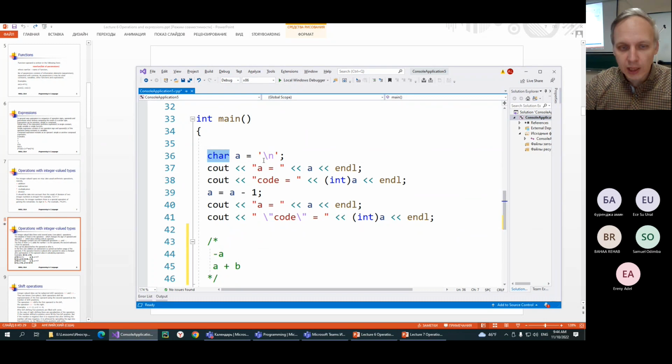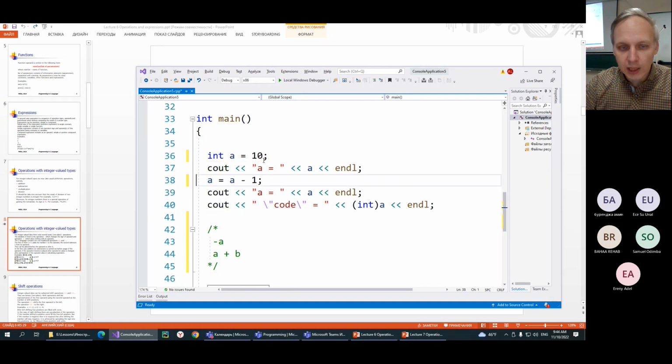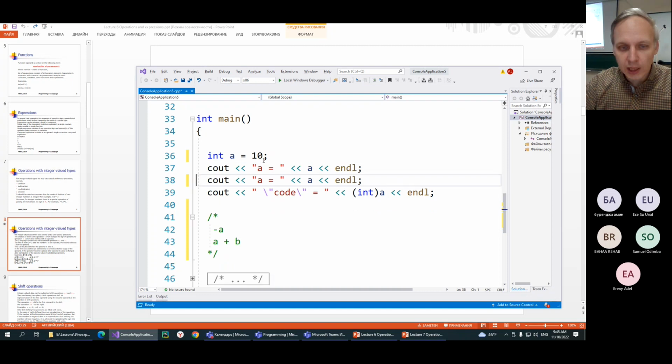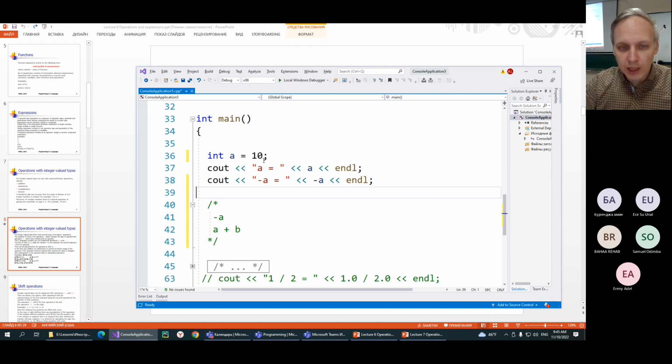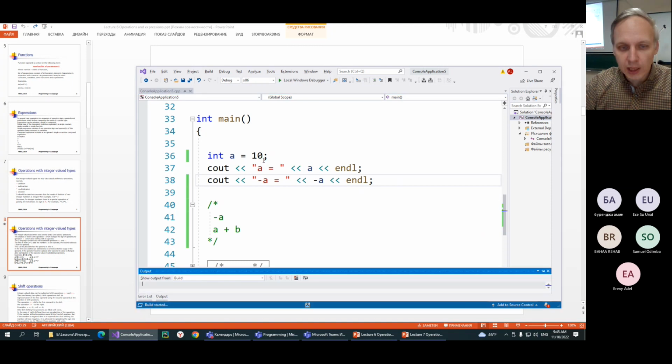Suppose that I declare some integer number A, for example, with value 10. After that, let's output the value of A, and if we apply just minus to A, of course, we will see on the screen minus 10.